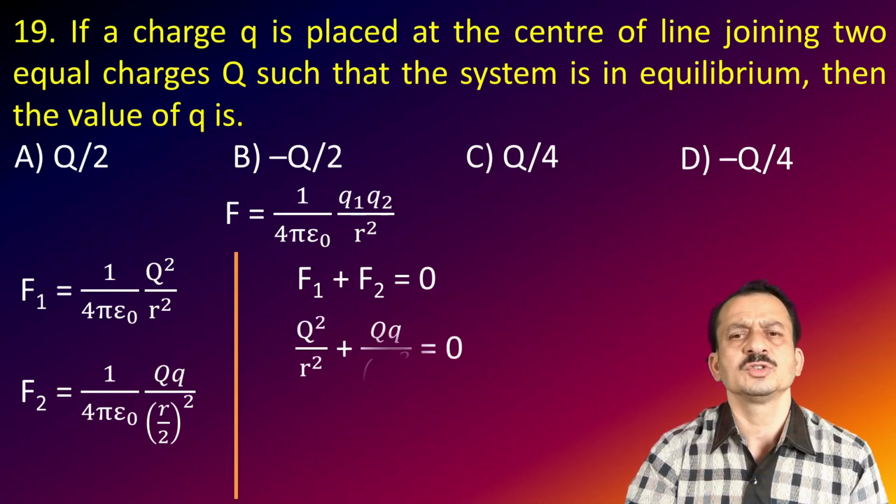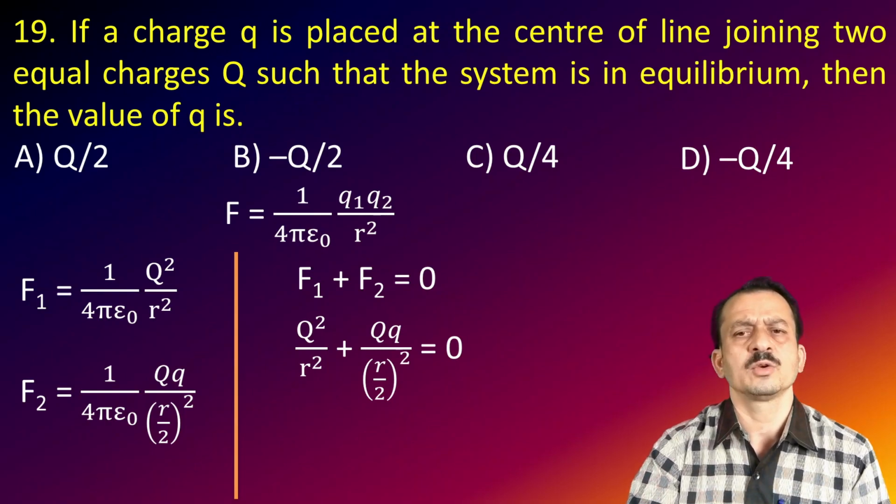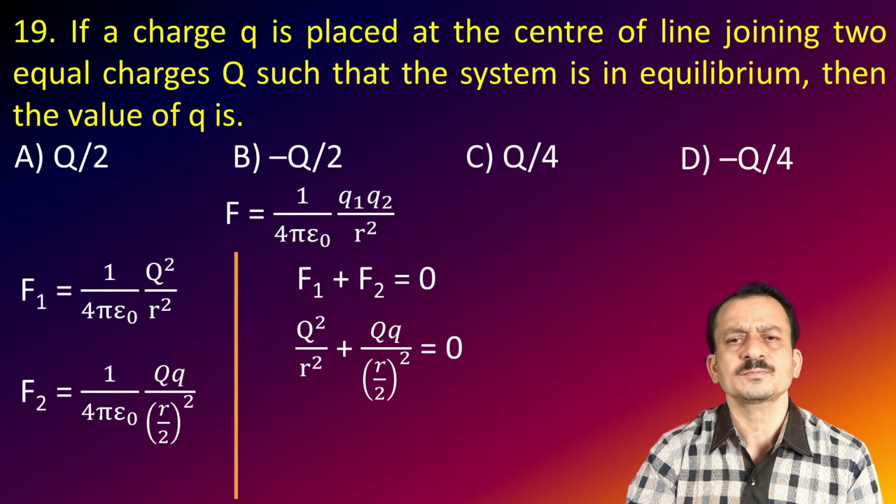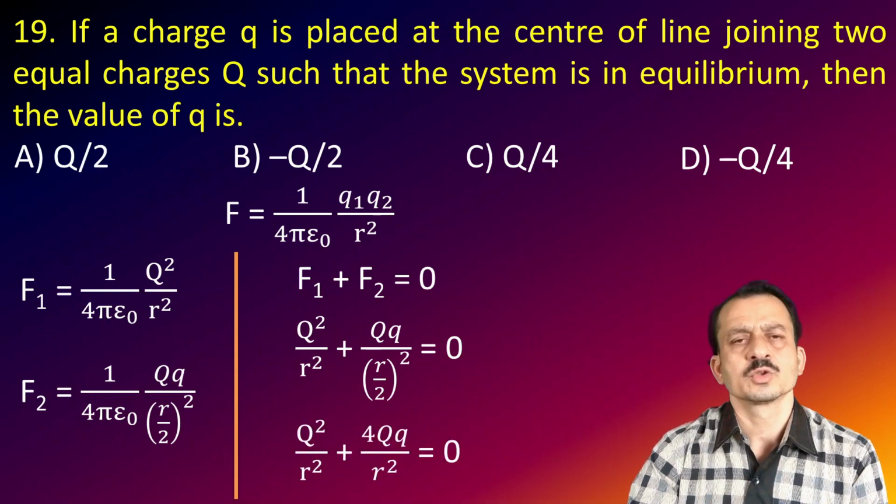Now substituting the values, the 1 divided by 4 pi epsilon naught is common. If you take it out, it cancels. Therefore Q square by R square is equal to capital Q into small q divided by R by 2 whole square. If I simplify R by 2 whole square as R square by 4, the 4 goes to the numerator. Q square by R square is equal to 4 capital Q small q divided by R square.